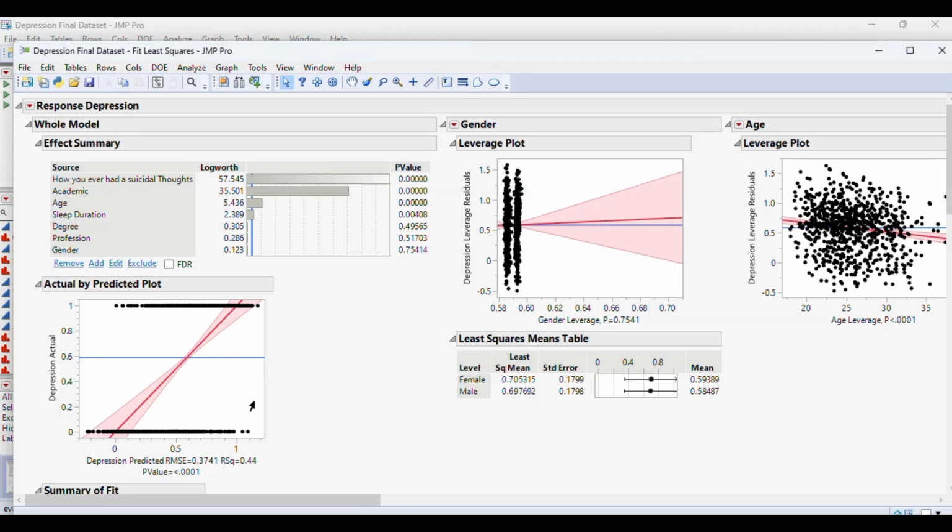So, insights for action: what does all of this mean? First, we underscore the need for targeted mental health intervention for individuals who reported suicidal thoughts. Second, promoting a balanced sleep pattern could serve as a preventive measure against depression.